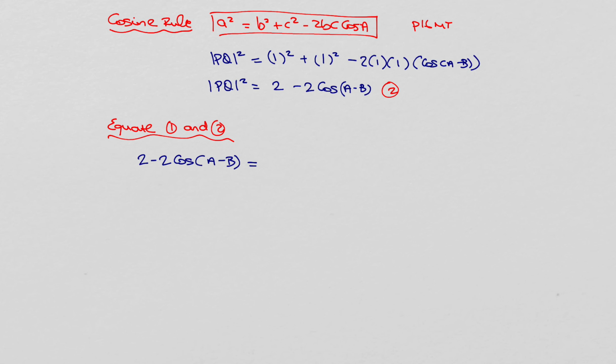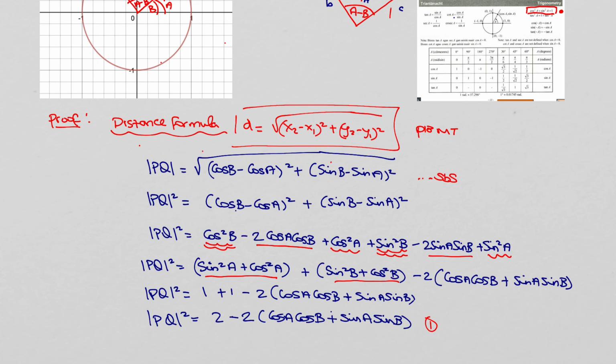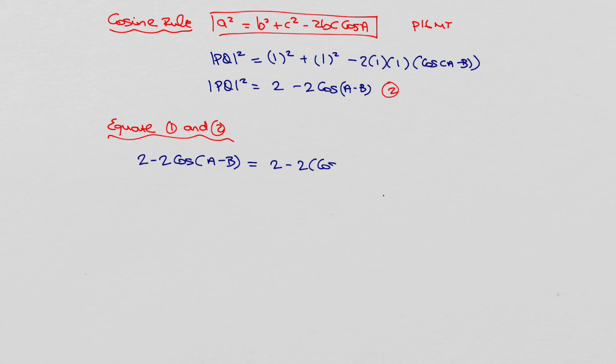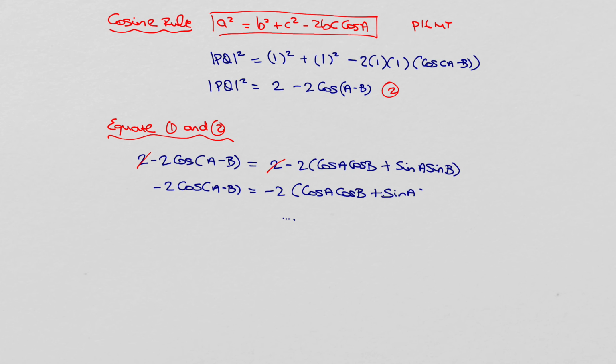So 2 minus 2 cos A minus B is equal to 2 minus 2 times cos A cos B plus sin A sin B. Okay, and you can see obviously we have a 2 on the left and the right, so 2 minus 2 is 0, and that leaves me with minus 2 cos A minus B is equal to minus 2 times cos A cos B plus sin A sin B. And of course, I can now divide both sides by minus 2, and we've gotten our answer.